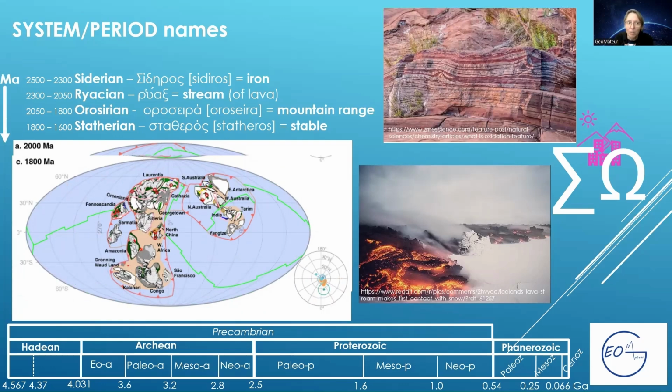So the name of the next unit, Orosirian, comes from the Greek word meaning mountain range.